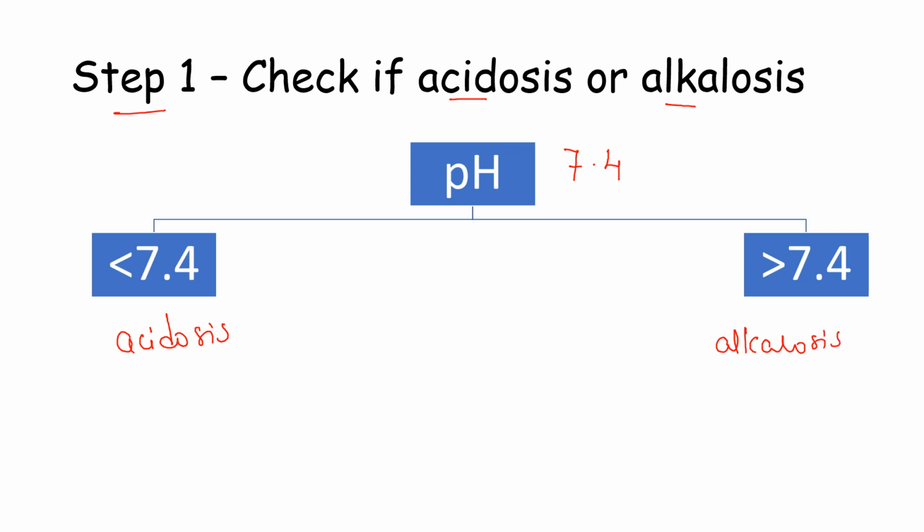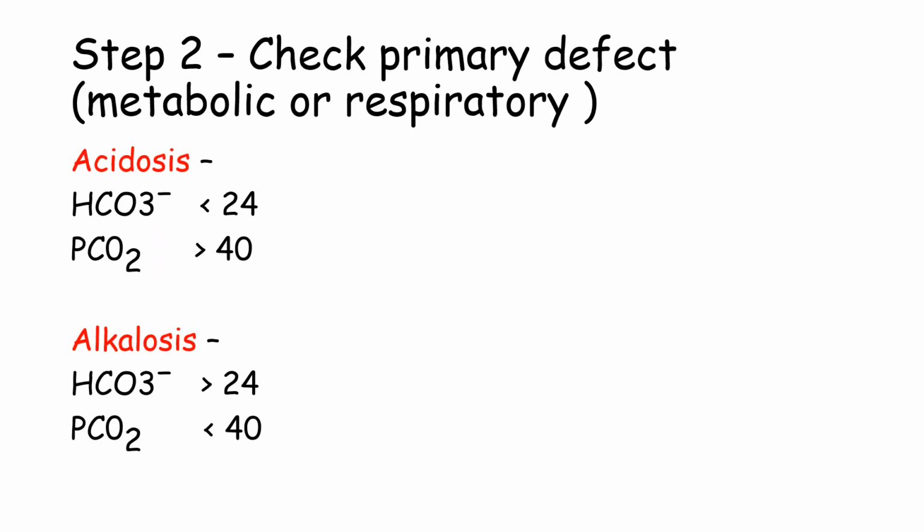Once we are done with the acidosis and alkalosis part, we move to step 2, and that is we have to check the primary defect, whether it is the metabolic defect or the respiratory defect. I told you that bicarbonate deals with the metabolic part and PCO2 with the respiratory part.